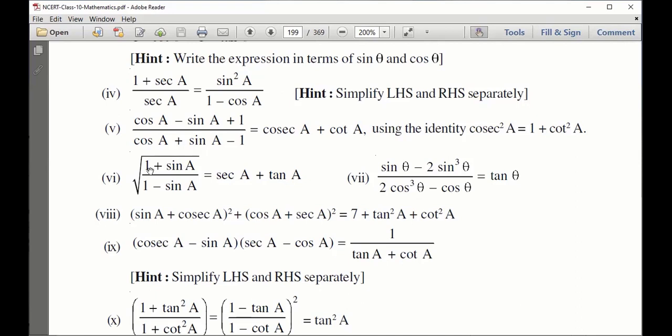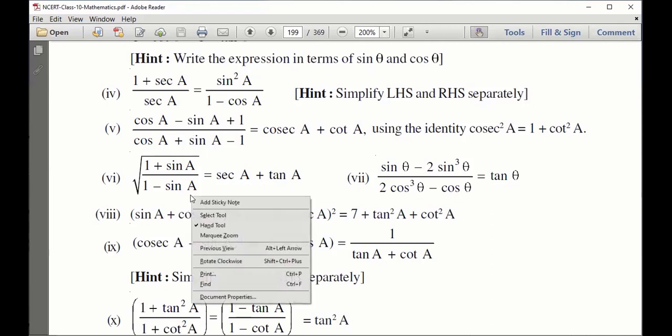So do you want to solve question 6, root of 1 plus sine A by 1 minus sine A equal to sec A plus tan A? I'll tell you, we can do it orally.